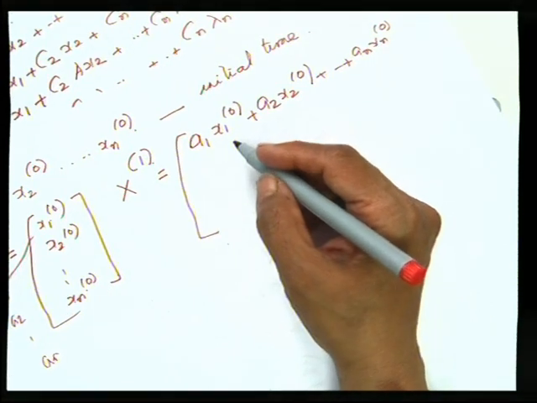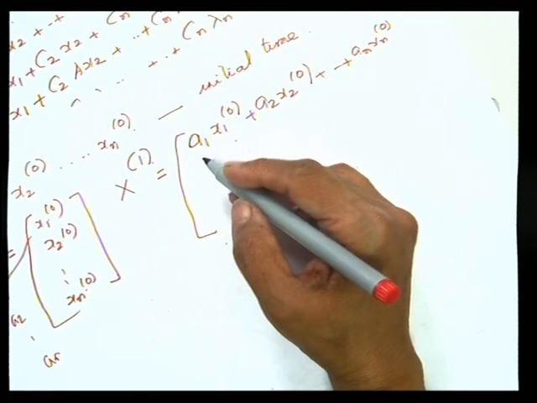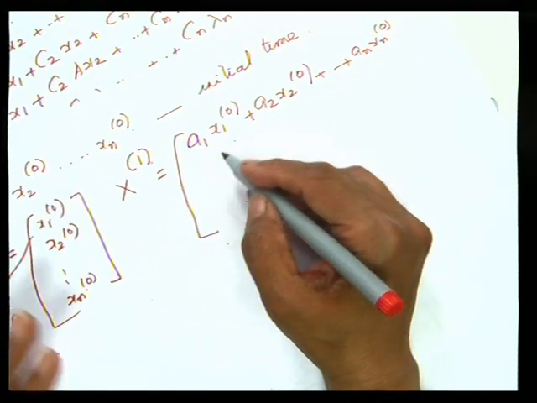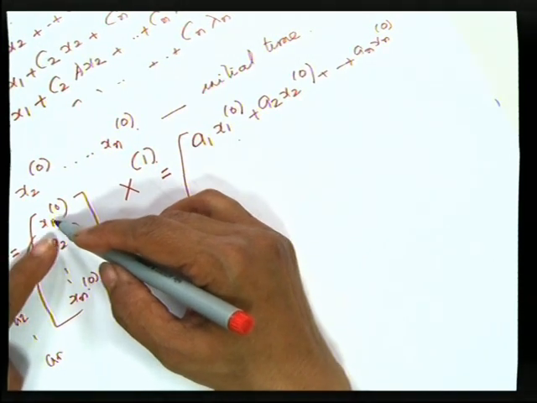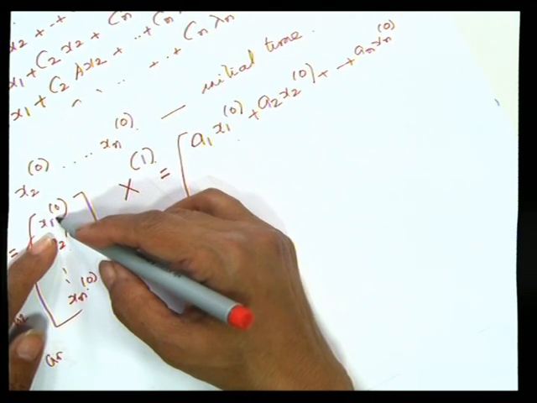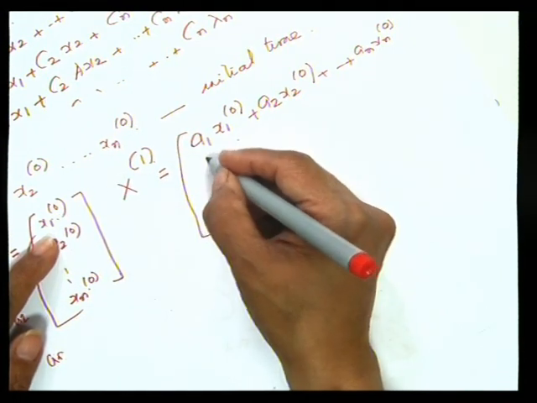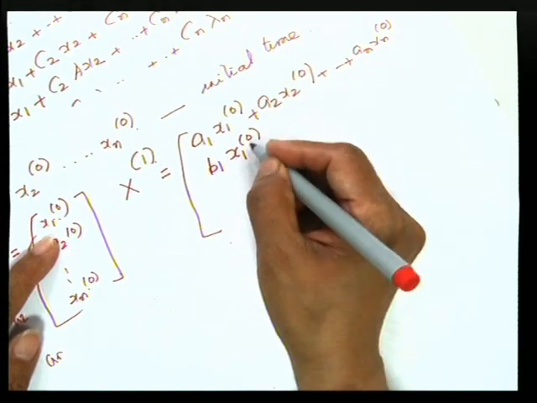What about the second class? In the second class, only those who were in the first class will pass on to the second class according to the ratio. Out of those who were in the first class, the proportion is only b1, that many survive. So in the second class, now we will have b1 x10.